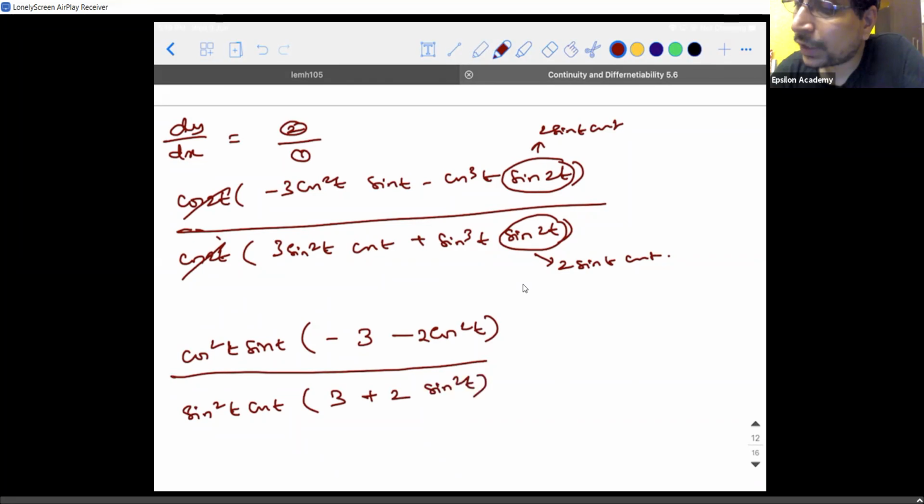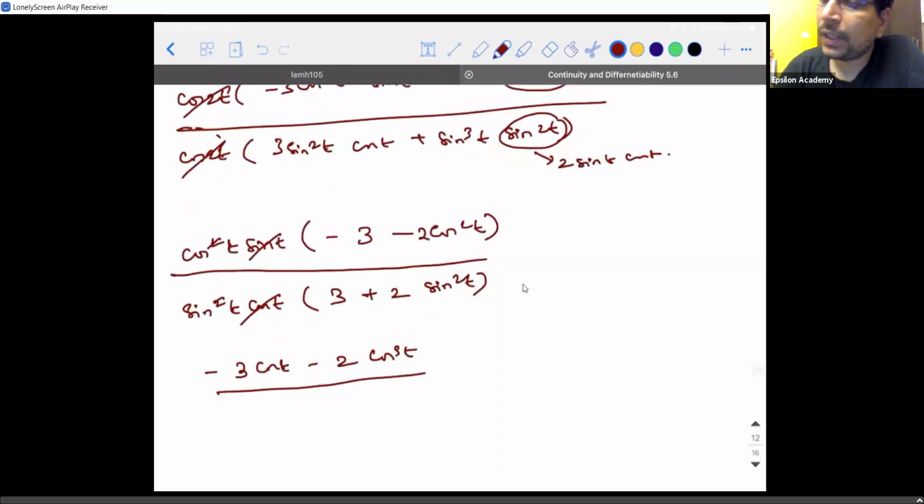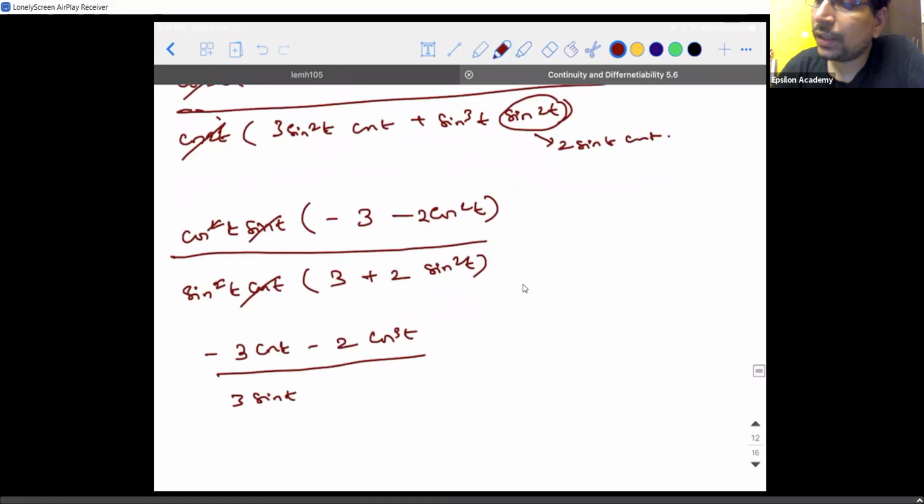That's it, right? So this and this will get cancelled. What is that we are going to get? Minus 3 cos t minus 2 cos cube t, the whole divided by 3 sin t plus 2 sin cube t. Right? This is going to be the final answer. Can someone check the answer and please tell me?